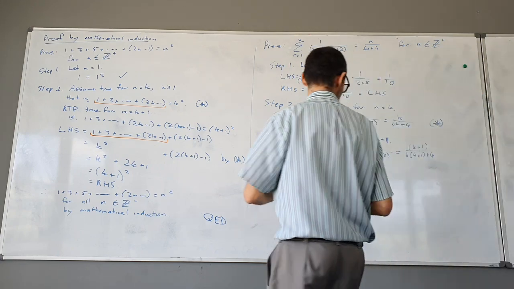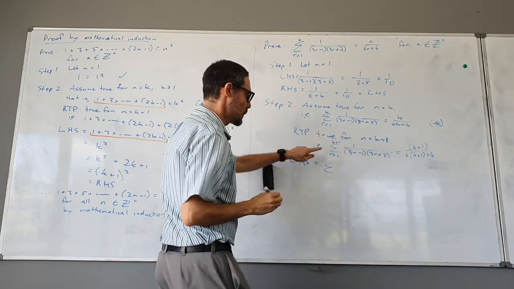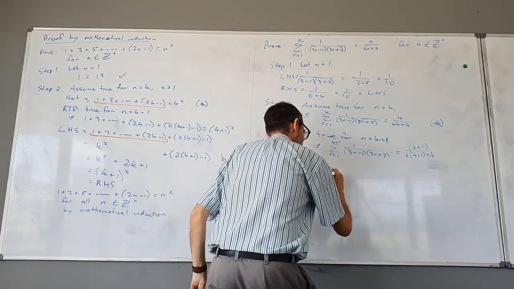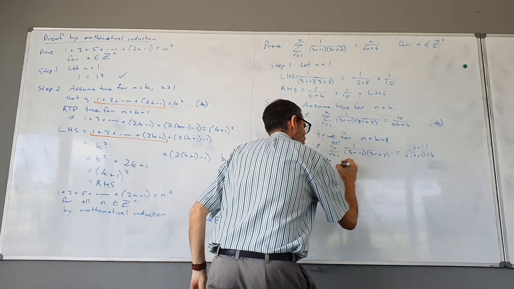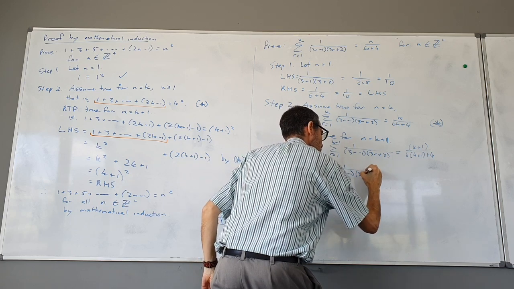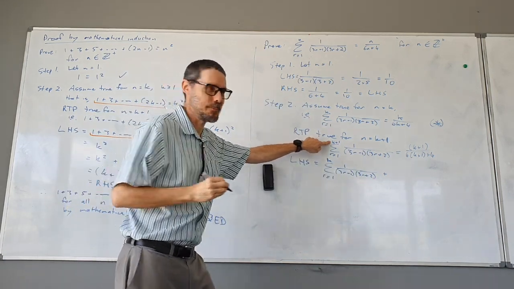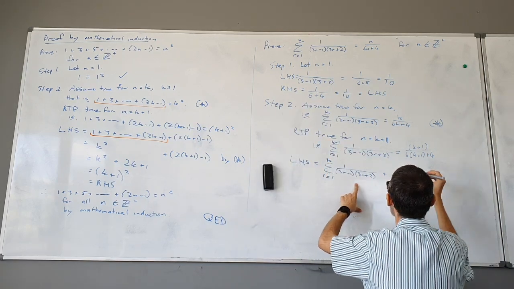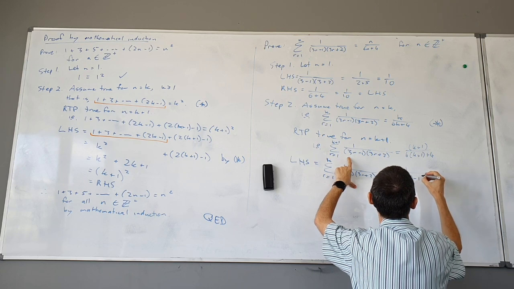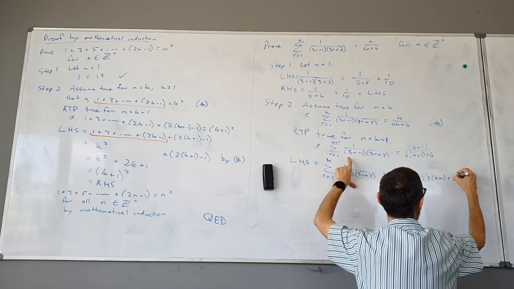Complicated. Okay, left-hand side is, well, I'm going to rewrite this sum by adding one term on the end. It's going to be the sum r equals 1 to k of 1 over 3r minus 1, 3r plus 2, plus the last term at k plus 1: 1 over 3 times k plus 1 minus 1, 3 times k plus 1 plus 2.